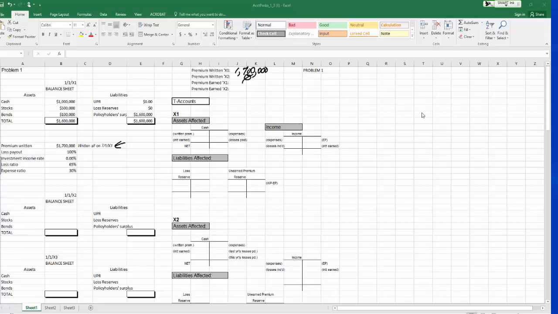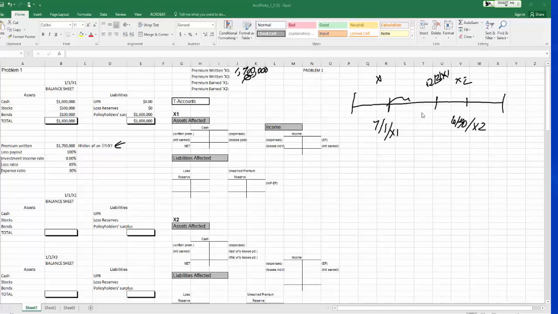To show what happens, let's look at a 2-year timeline. Let's assume this is X1 and this is X2, with this being December 31st, X1. And all of this premium is written on 7/1/X1. And since we have 1-year policies, we know that all of it will expire on 6/30/X2.